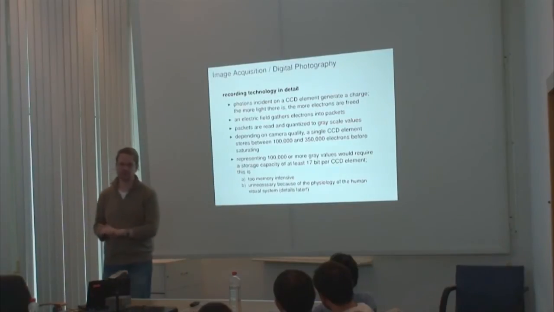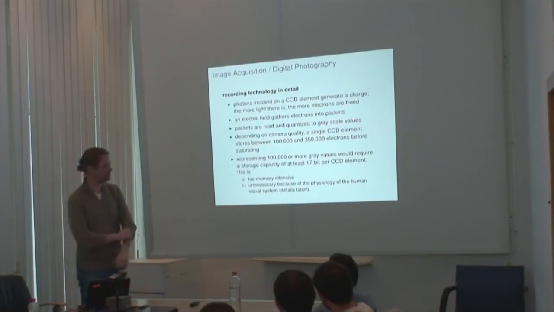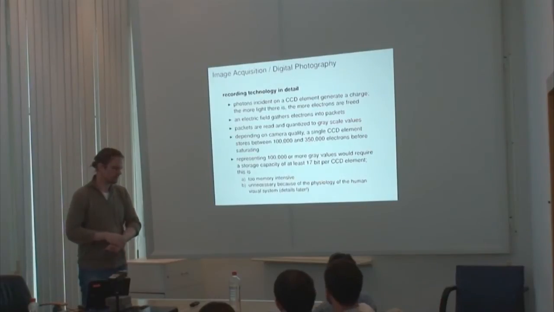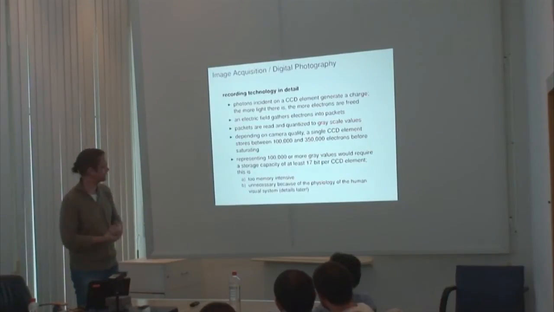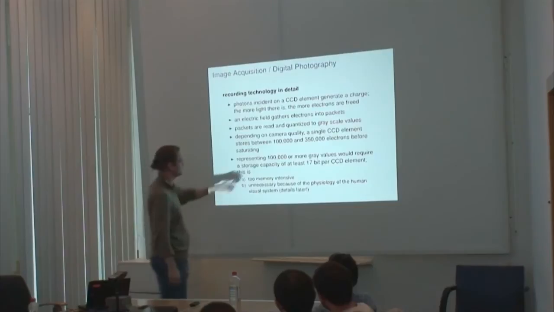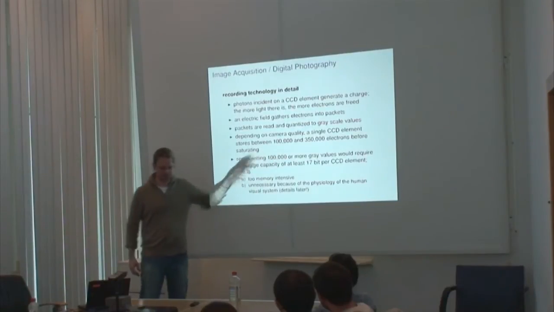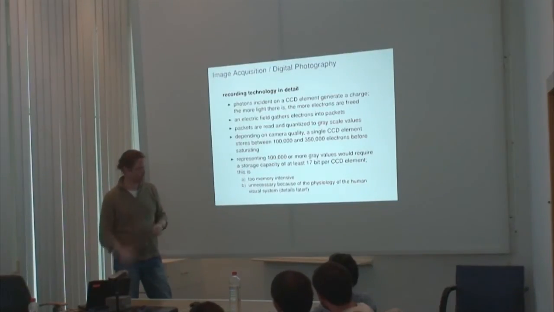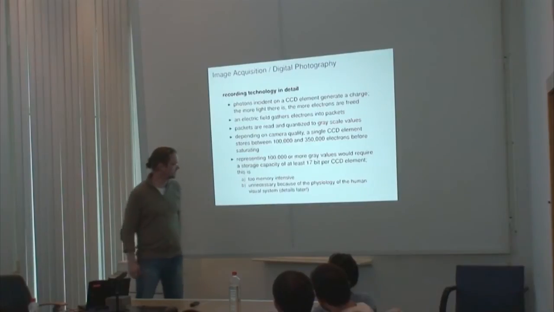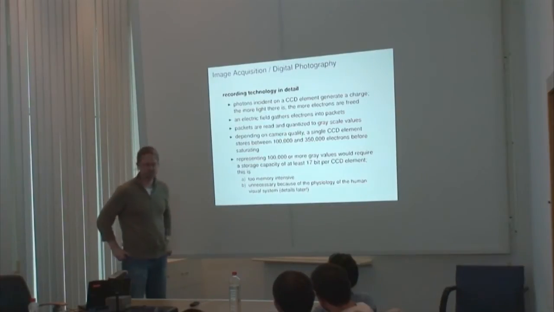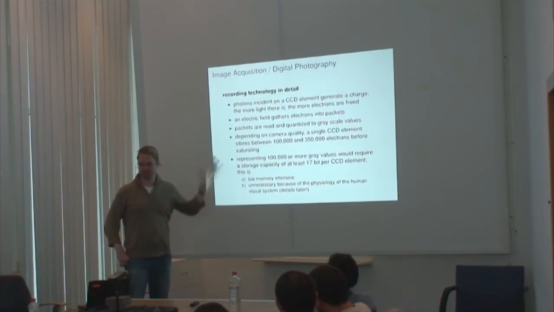We would have to have huge memory chips in our cameras. We would have to be able to determine the amount of energy with precision like that. Still not feasible. Too memory intensive, technically not really feasible. And the good news is it's not necessary.